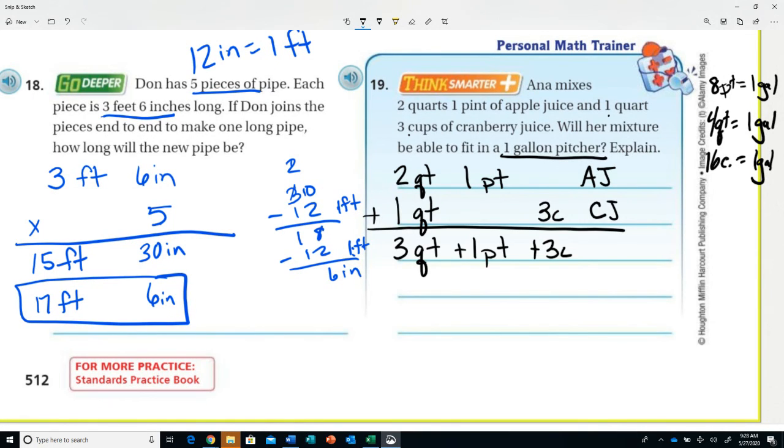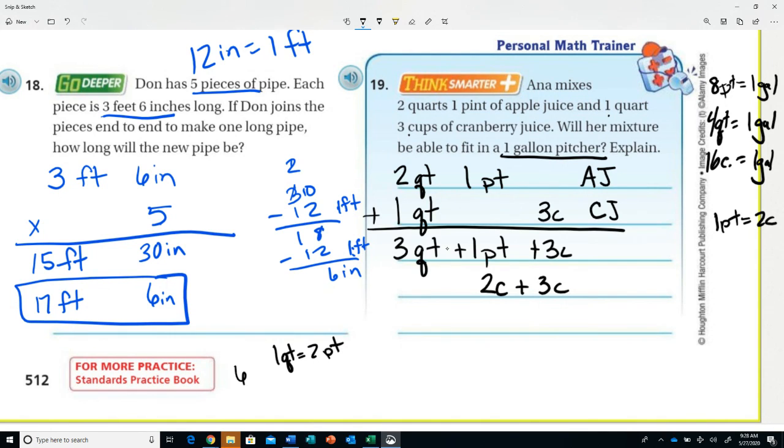I'm going to have to take all of my numbers to something I can add, which becomes my smallest unit, which is a cup. So everything in here has to get changed into a cup. So I know that 1 pint is equal to 2 cups. So my pint here is going to become 2 cups. Quart's going to be a little bit more challenging. So 1 quart equals 2 pints.